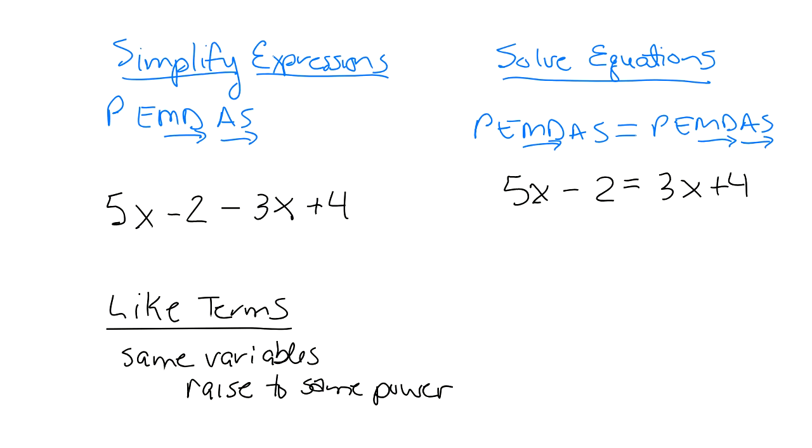So in this case, we may have something that looks like 3x squared and negative 17x squared. Because they both have the x to the second power, those are considered like terms. When you have like terms and can identify them, you can add or subtract them if they're on the same side of the equation or if they are in an expression.